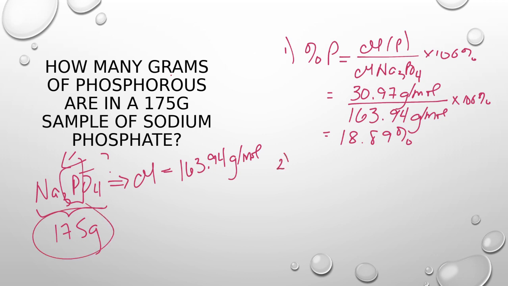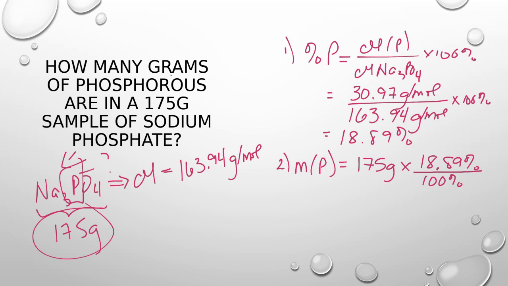So let's calculate the amount of phosphorus that makes up that sample. So we're going to take 175 grams. There's no real formula that we're going to use here. And we're going to multiply by 18.89%. But remember with percentage values, when you use them mathematically, you have to divide by 100.